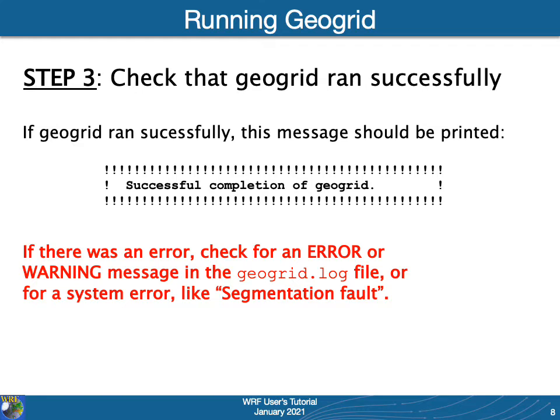The Geogrid program usually does a reasonable job at catching errors in namelist settings, so it's worth opening up the geogrid.log file and looking for error or warning messages. In some rare cases, the Geogrid program may simply crash with a segmentation fault or other system error. In that case, it's still worth checking through the log file to find some clues as to why the Geogrid program may have failed.